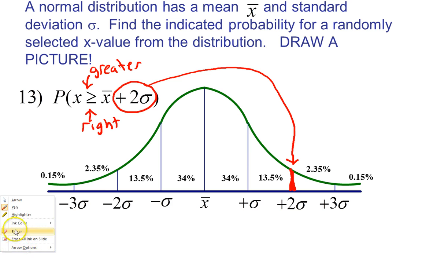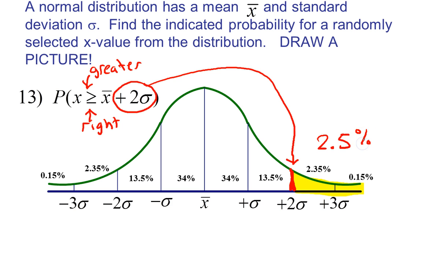So this question is asking what's the probability of randomly picking a value in this area. We've memorized this probably by now, that this plus this is 2.5%. So that is the answer to number 13, 2.5%.